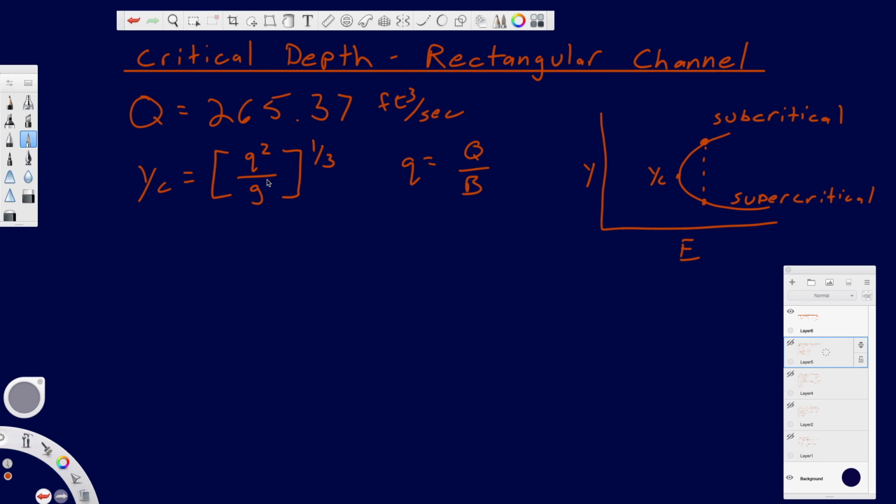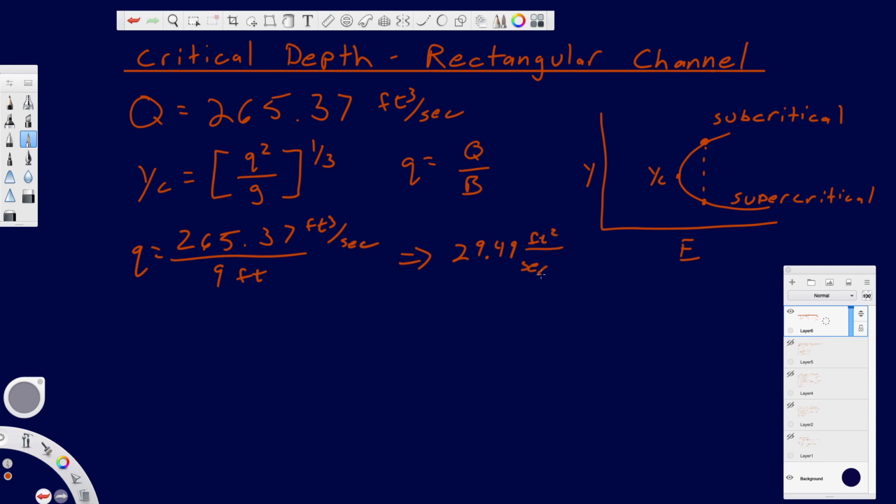So let's go ahead and solve this. Our q is going to be 265.37 divided by 9 foot, and of course this is feet cubed per second, and so this is going to be 29.49 feet squared per second.